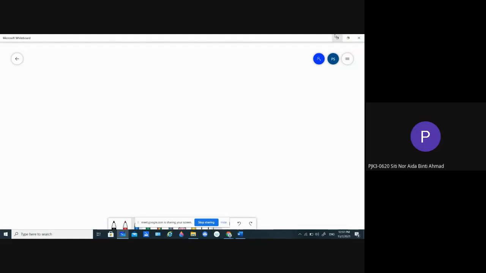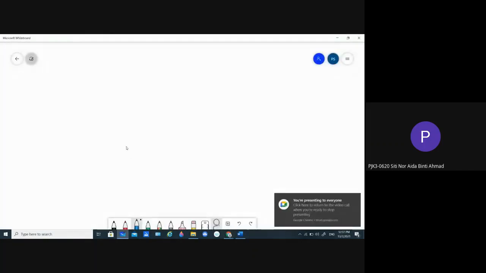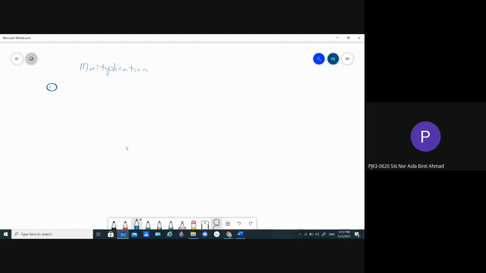So for multiplication, let's look at the first concept. I didn't see this concept very clearly, but this is the set model.